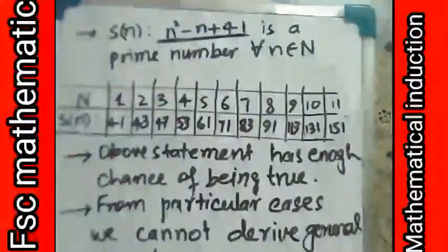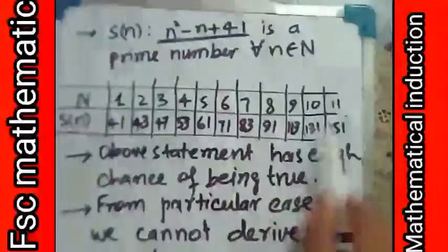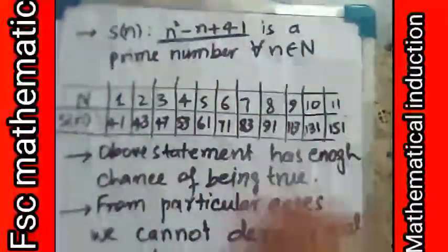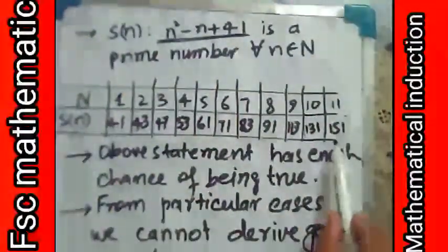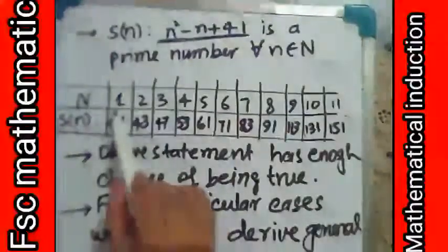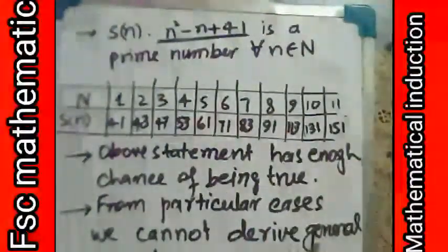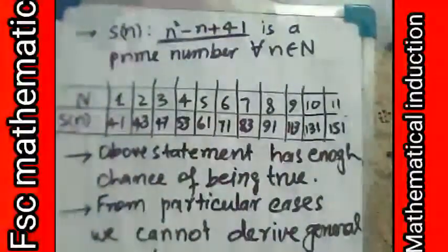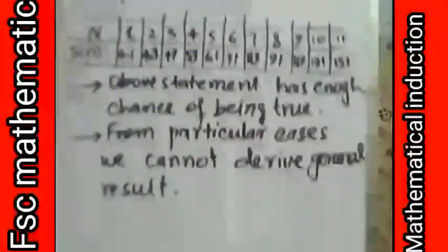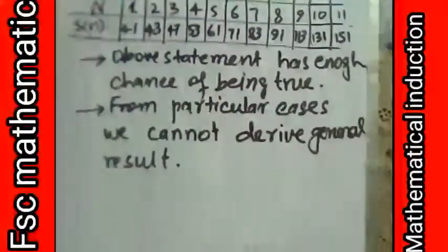Every time we found a prime number, and the statement says it is always a prime number when a natural number is substituted. So there is a chance that we can go from here, but mathematics restricts. Mathematics says particular cases cannot establish a general result.